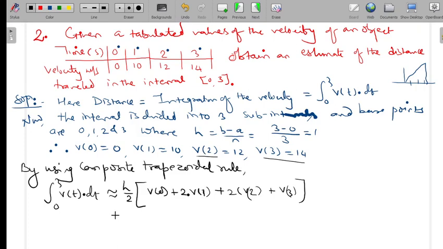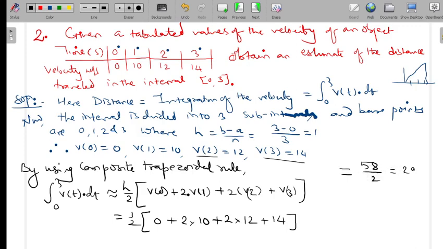So h is 1 by 2 times v0, which is 0, plus 2 times v1, which is 10, plus 2 times v2, which is 12, plus v3, which is 14. And finally the answer is 58 over 2, which is 29. In this way we can solve.